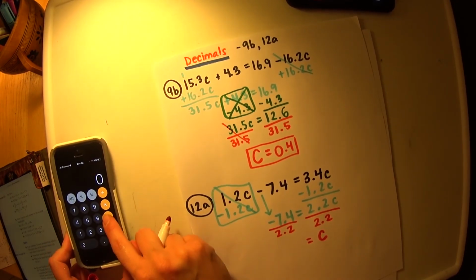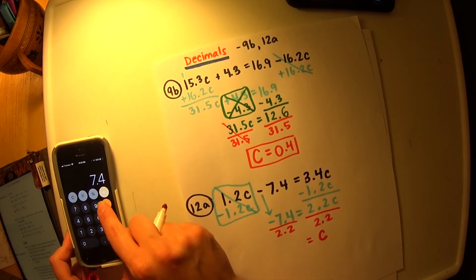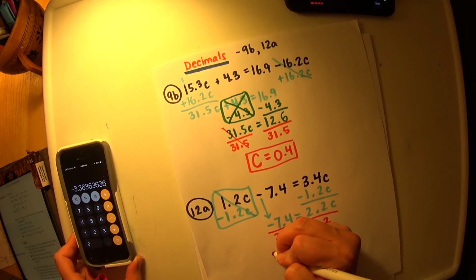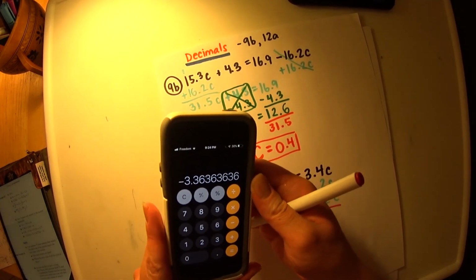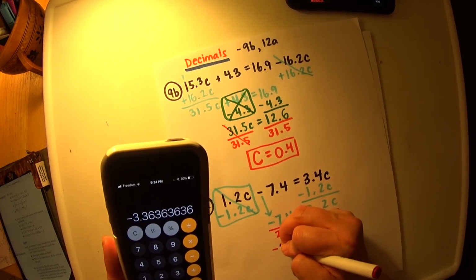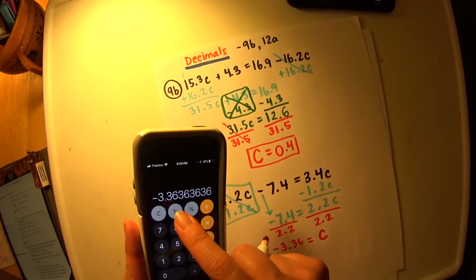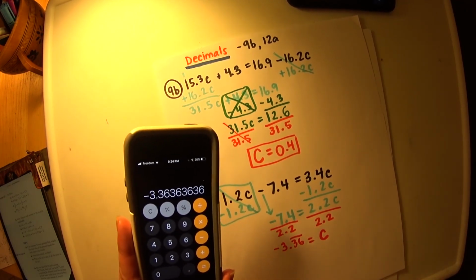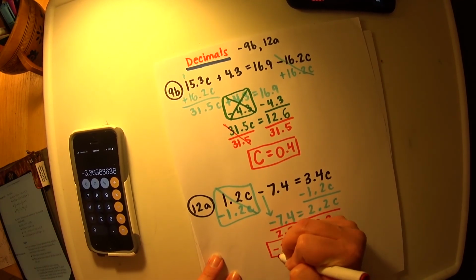So I go negative 7.4 divided by 2.2, and I end up with negative, and you can see I've got a repeating decimal here, so I'm just going to write it negative 3.36, and it's both the 3 and the 6 that repeat, so I can do the bar notation over the 3 and the 6 to show that, and then box it up.